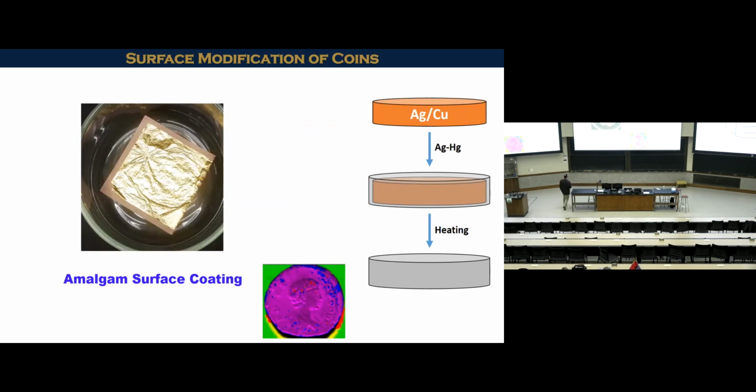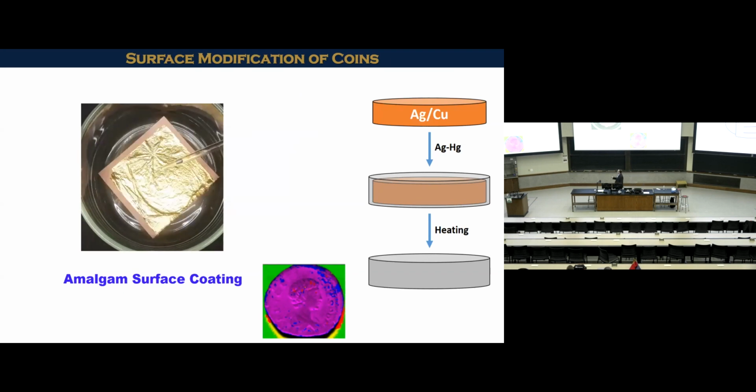Now I'm going to show a video which is not silver, but gold. This is a gold foil. If you pipette a small amount of mercury on gold, the gold will be dissolved in the mercury. You will see over time this gold slowly dissolves.